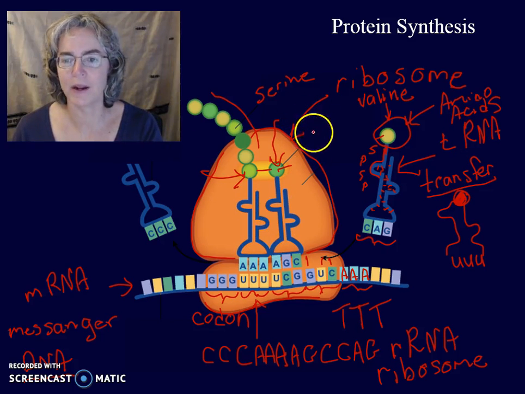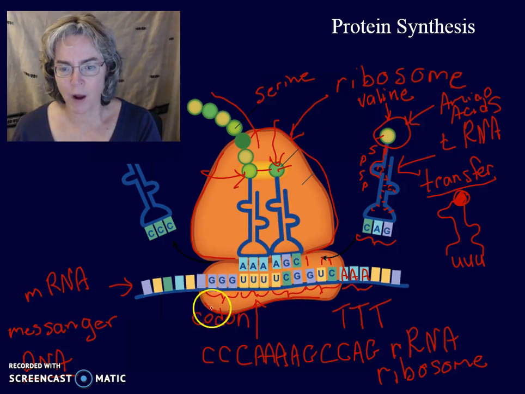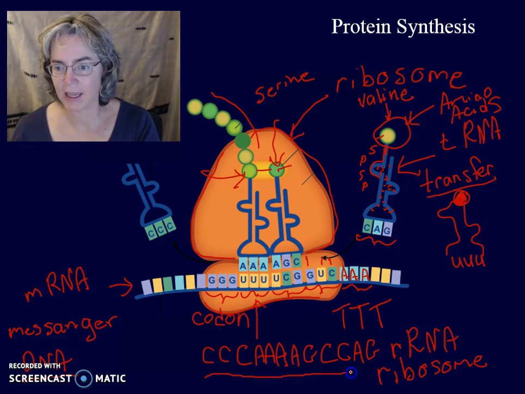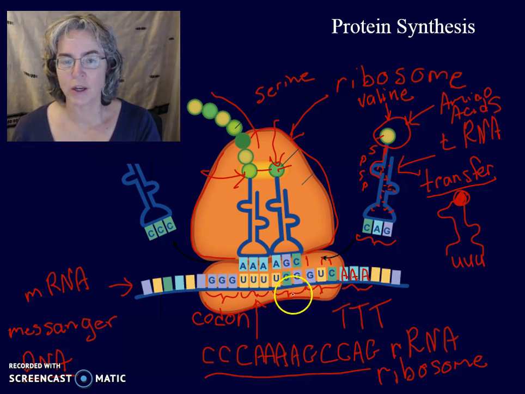So that's how this code from the DNA gets transcribed into an mRNA, and then the mRNA docks with a ribosome, and these tRNAs then bring in these amino acids specifically according to the nucleotide sequence in our mRNA.